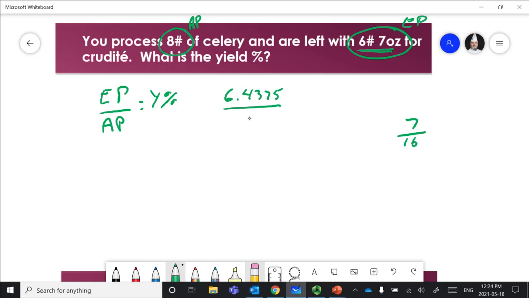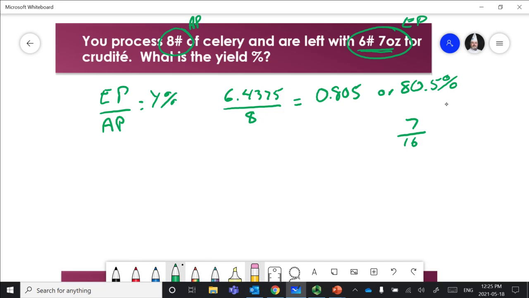Our AP was a whole number of 8, so we can just divide that out and end up with a yield percentage of, I click my buttons here, 0.805 or 80.5%, right?